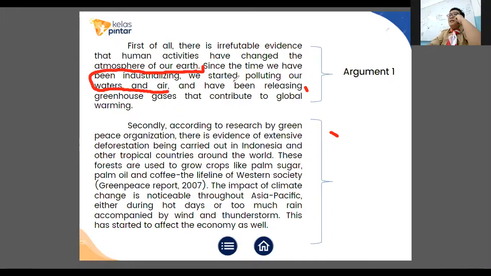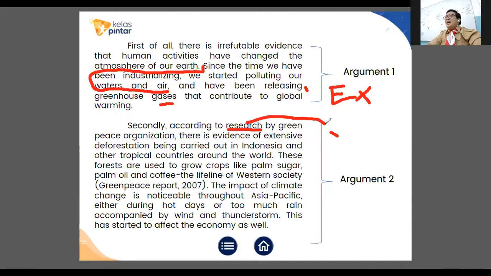Di argumen ini dia bilang, dia sebutkan contoh-contoh ya. He mentioned about the examples of this topic. There is a pollution, there is the human activity change, greenhouse gases, blah blah blah, that contribute to global warming. And it also strengthened by the research.